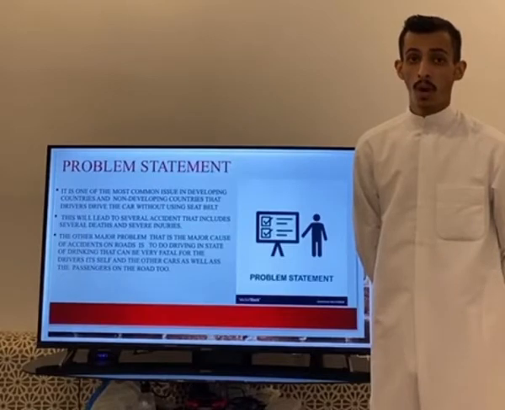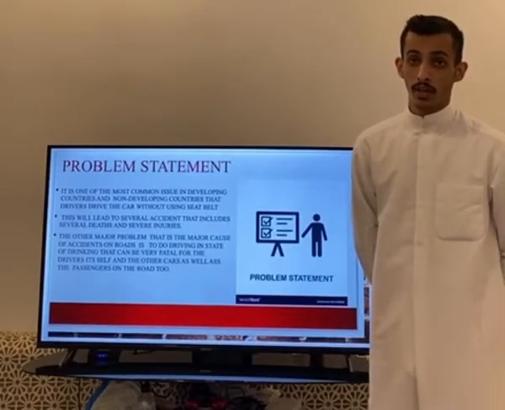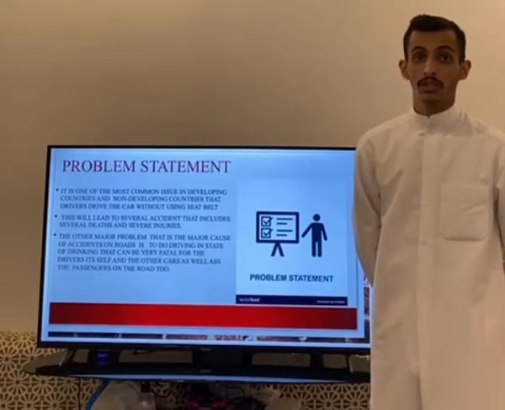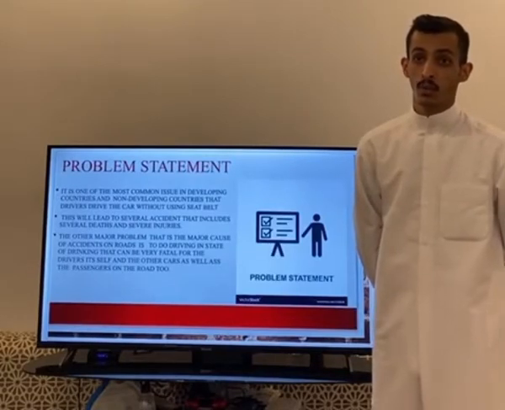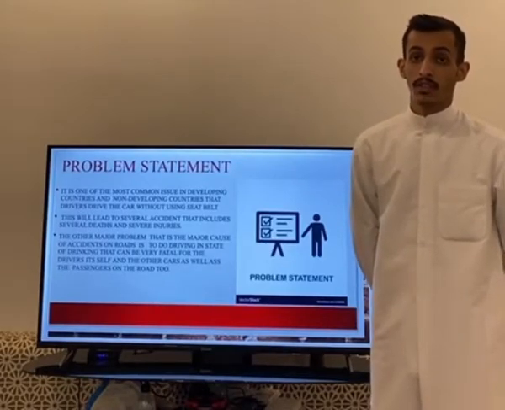It is one of the most common issues in developing and non-developing countries that drivers drive the car without using a seatbelt, which leads to several accidents, including several deaths.